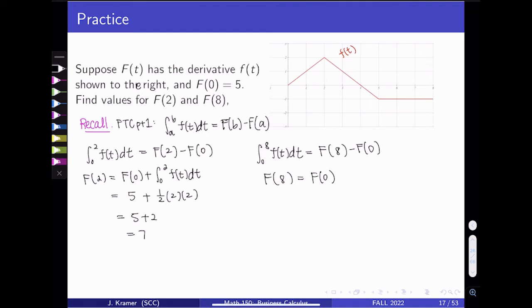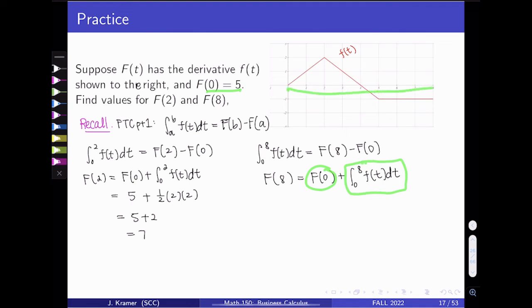That's just adding f of 0 over to the other side, and it looks like I'm flipping it, but addition is commutative, so I'm just flipping the equality around to make working through this a little bit easier. Again, I know f of 0 is 5. It's given in the problem statement, and I can find the area bounded by the curve from 0 to 8.